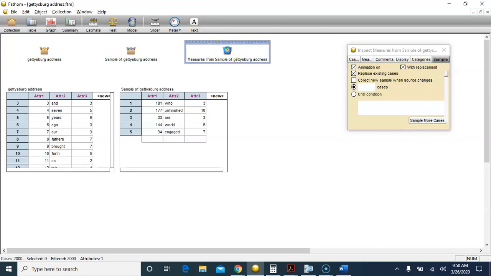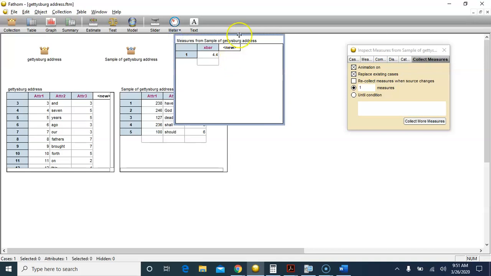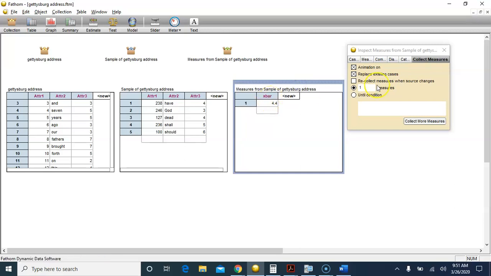And then over here, we're going to figure out the mean of the 5 words selected from the Gettysburg Address. So to see what that looks like, we have this. So that mean for my sample is referred to as x bar.